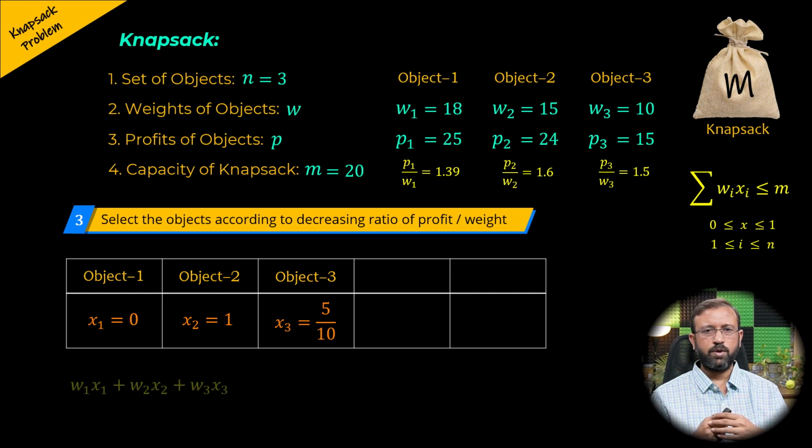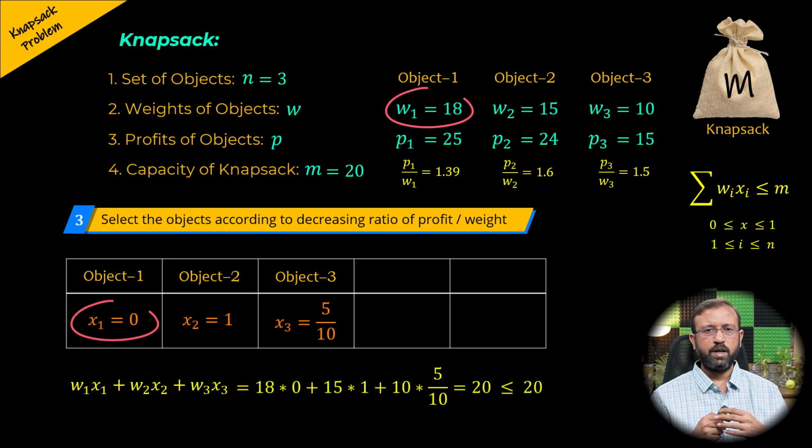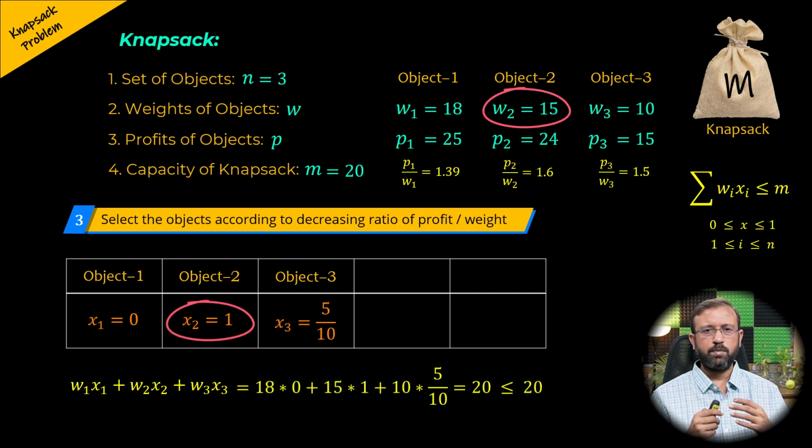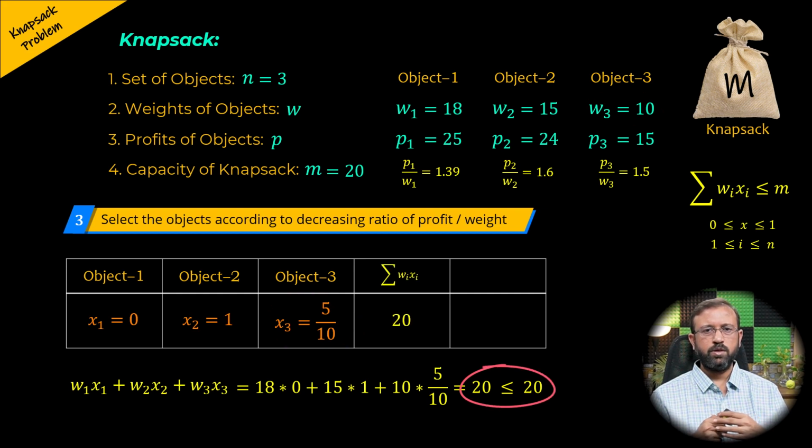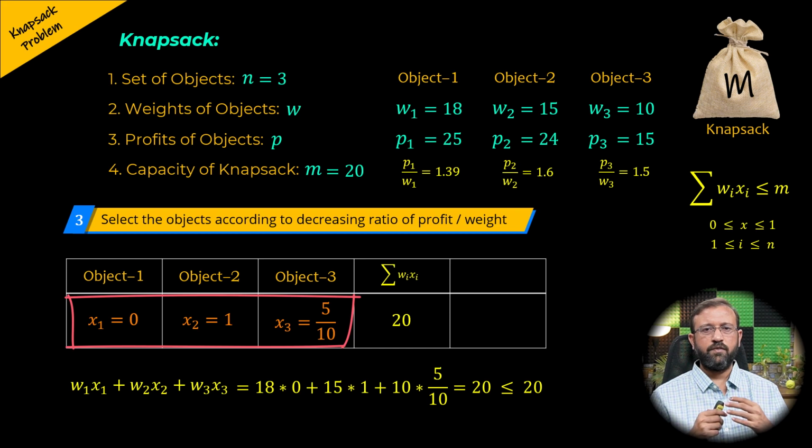So we have W1 x1 plus W2 x2 plus W3 x3, that is 18 multiplied by 0 plus 15 multiplied by 1 plus 10 multiplied by 5 by 10, which is 20, and is less than or equal to M, which is also 20. So the constraint is satisfied, and we say that x1 equal to 0, x2 equal to 1, and x3 equal to 5 by 10 is a feasible solution.